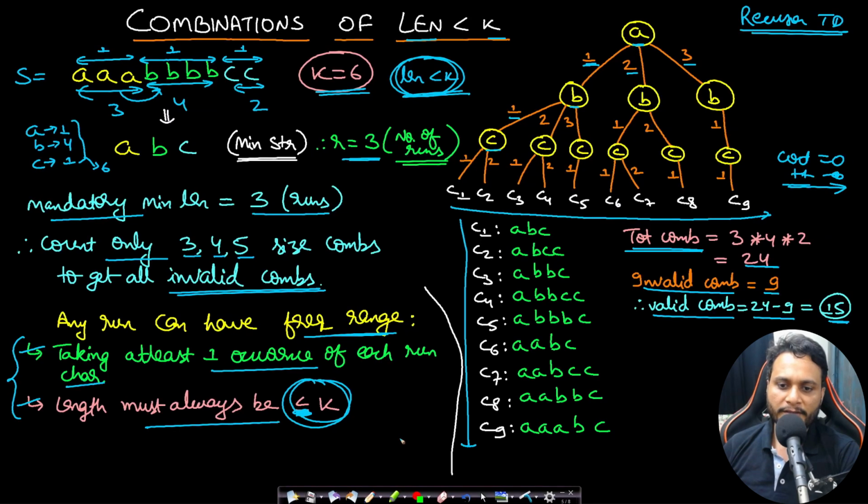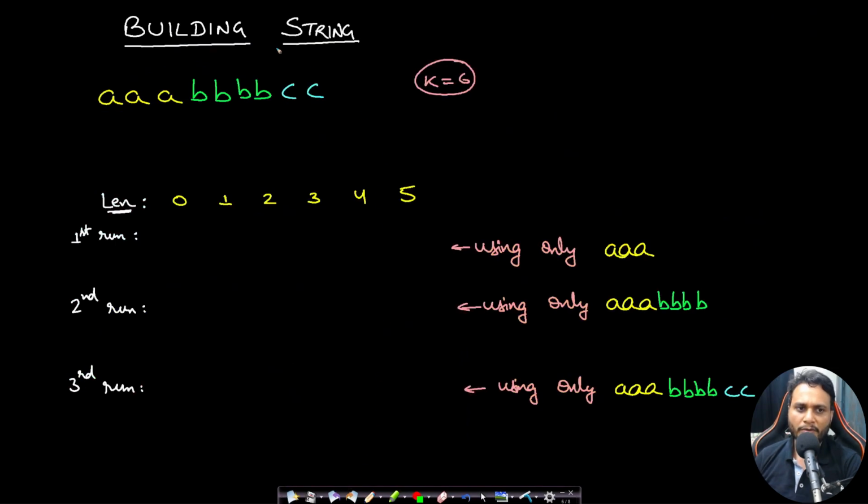Now, having looked at the idea of recursion, let's understand how to count the total number of strings that we can get with a particular length. We will divide all these runs as R1, R2 and R3. We are not interested in what characters are present, just in the run length.